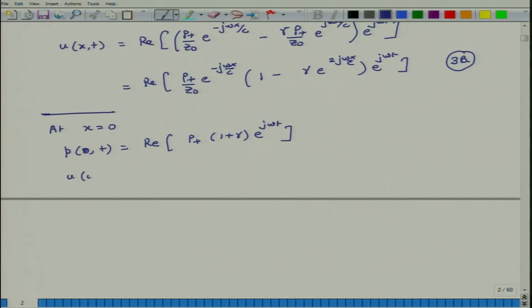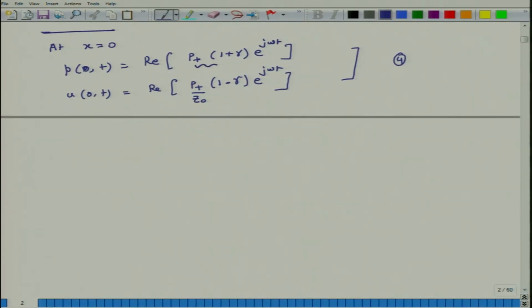and u is the real part of p plus (1 minus gamma) e^(jωt), and actually this should be negative here, and this is divided by Z naught. So, we call this equation 4.